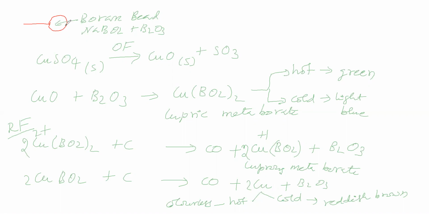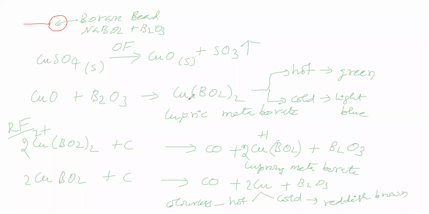Now this copper sulfate and the borax bead are present in the loop. This loop is introduced into the oxidizing flame. Copper sulfate undergoes decomposition to give copper oxide and sulfur trioxide. Sulfur trioxide is a gas which escapes to the atmosphere. Copper oxide combines with B2O3 of the borax bead, giving cupric metaborate.